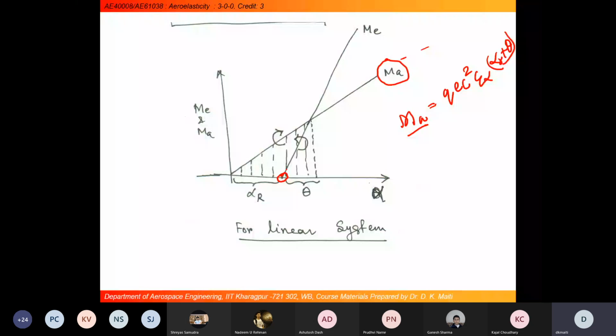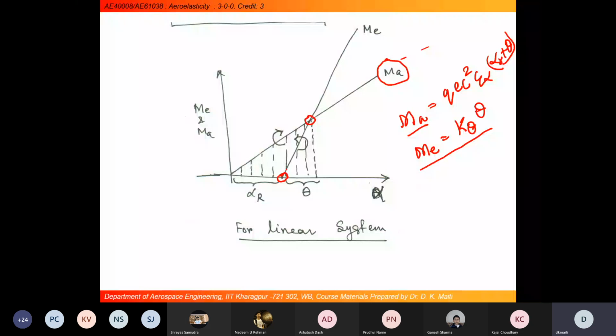If theta is less than or equal to 0, then we call this system stable. And if theta is greater than or equal to 0, then it is unstable. Okay? So this is just a graphical representation of this linear system, whatever we have considered.